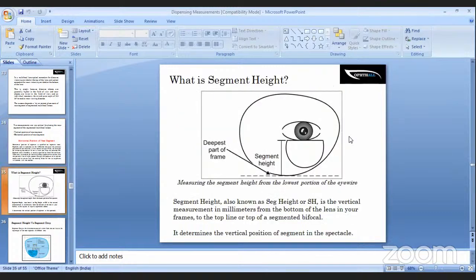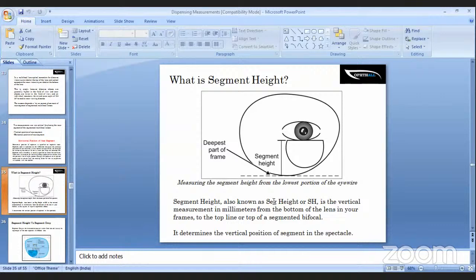What is segment height? Segment height, also known as sag height or SH in dispensing parlance, is the vertical measurement in millimeters from the bottom of the lens in your spectacle frame to the top line of the segmented bifocal, as you can see in this picture.